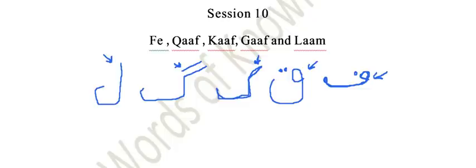Try writing all these in your paper. I write them in a proper format as well, in an alphabet format. Fe looks like this one, then it's Qaaf, which is Bada Qaaf, looks like this one, then it's Chota Qaaf, Gaaf, and Laam.